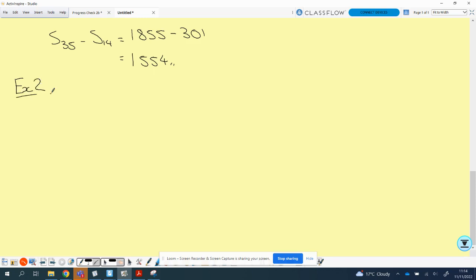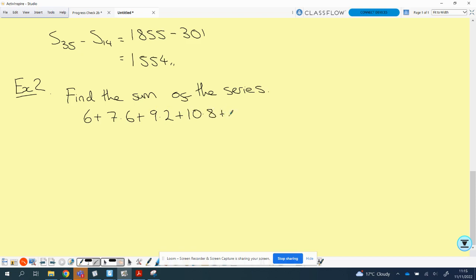Find the sum of the series 6 plus 7.6 plus 9.2 plus 10.8 plus all the way up to 49.2. Okay, so my job here is to find the total of that series.